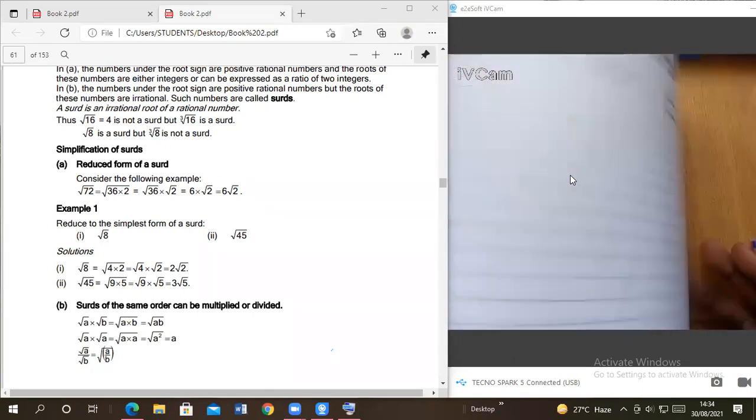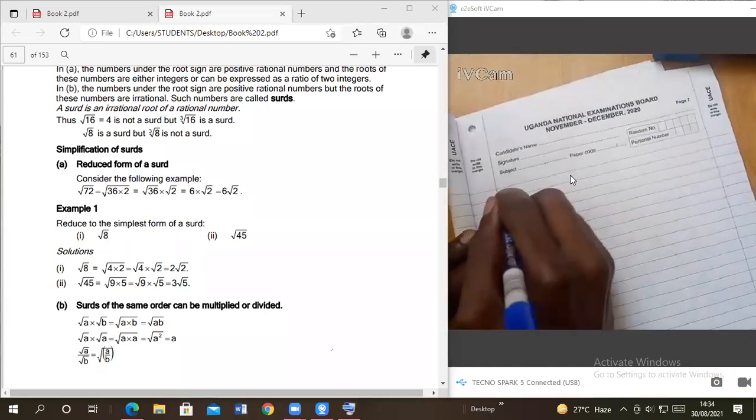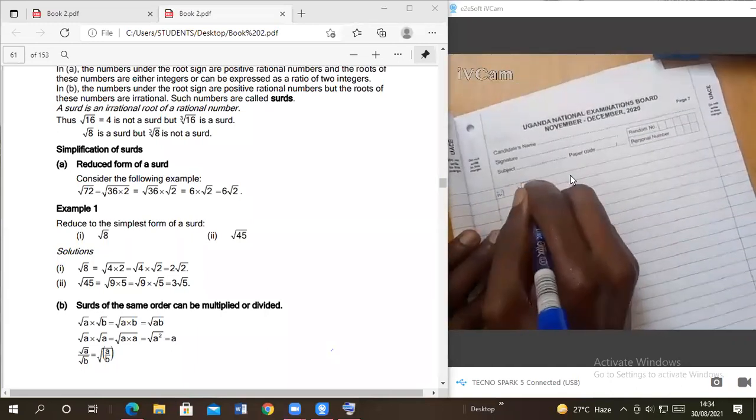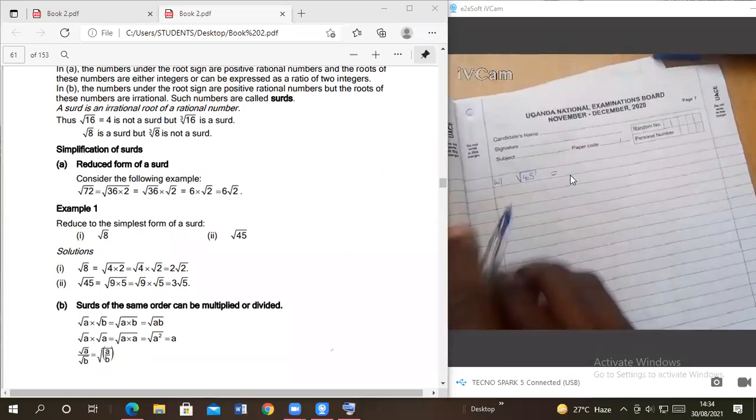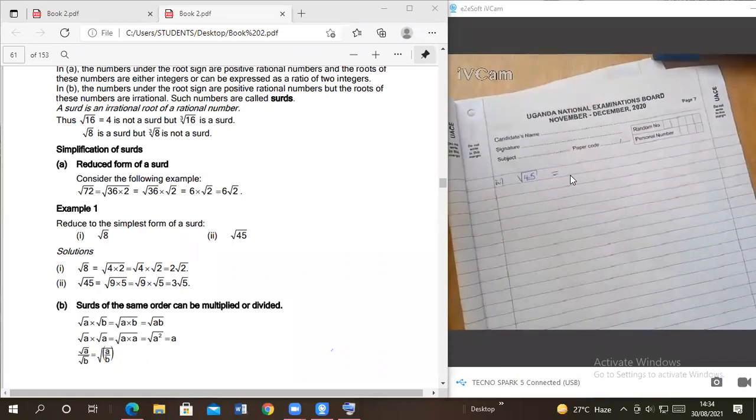What about root of 45? Who can simplify 45? Think of two numbers that if you multiply, give you 45. 9 and 5.